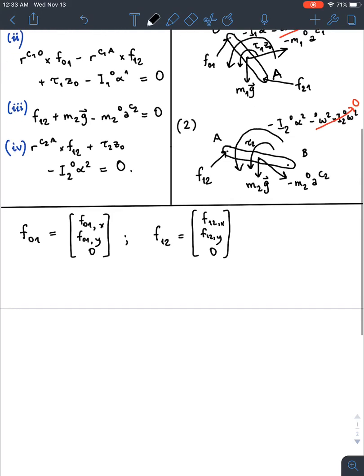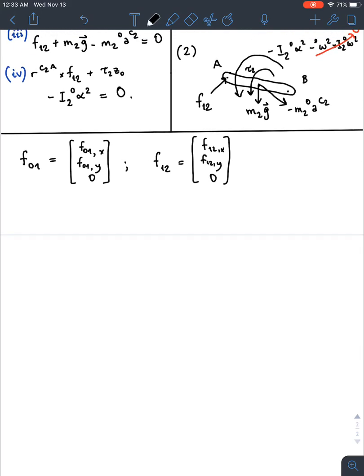So to find the acceleration of the point C1 in the zeroth frame, what do I have to do? I have to take the derivative in the zeroth frame of the velocity of that same point in the zeroth frame.